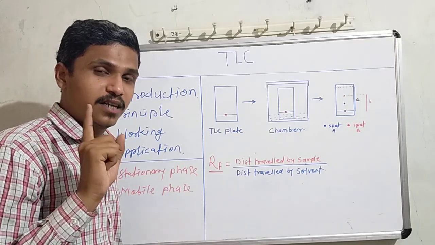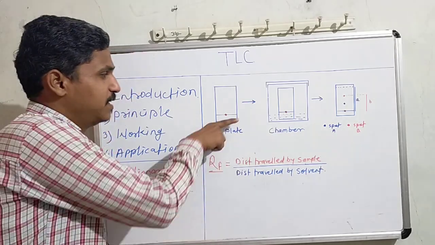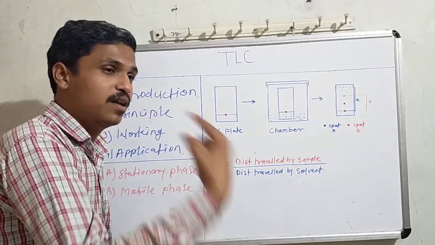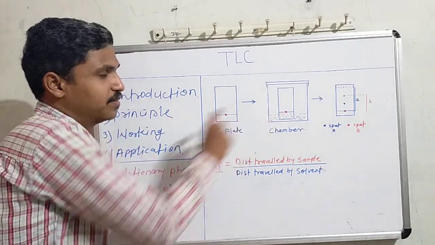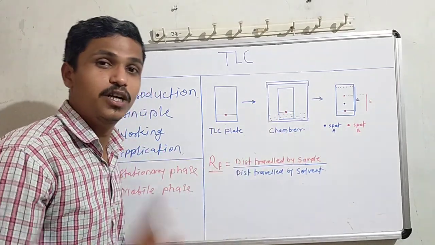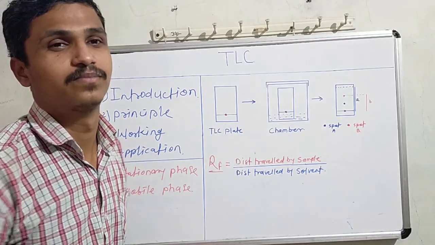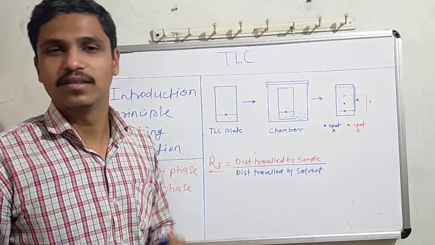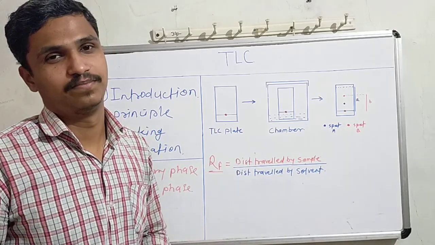Keep it in mind very well: if the TLC plate or stationary phase is polar, then the mobile phase or solvent should be non-polar. Why? Because if both are of the same nature, the separation isn't possible.